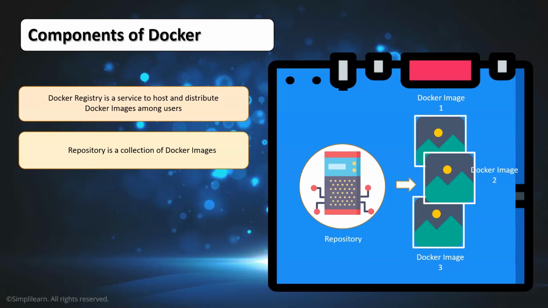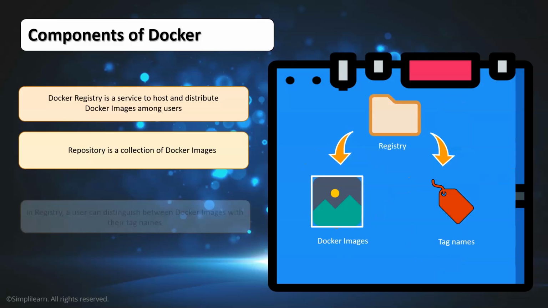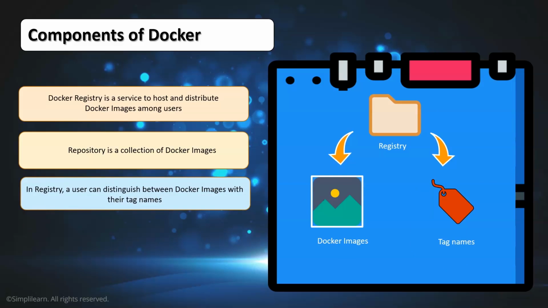For example, I'm using a Jenkins one. The Jenkins image is prepared only once, but it's used by different people. A Docker repository is a collection of Docker images, so in a repository you will have different Docker images. In a registry, a user can distinguish between the Docker images by their tag names.